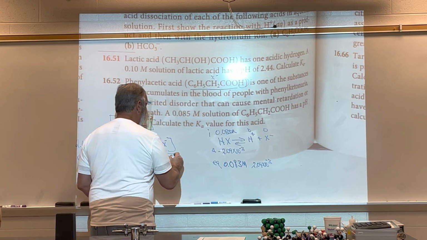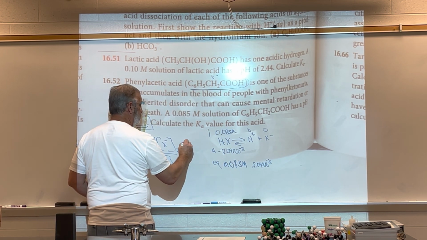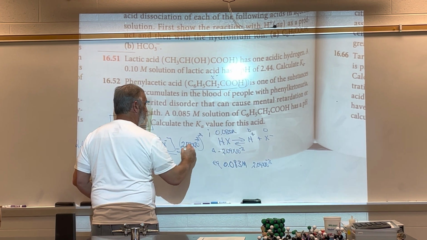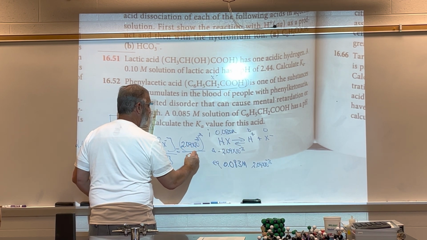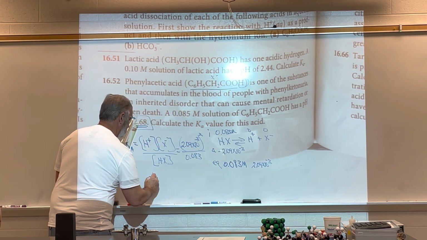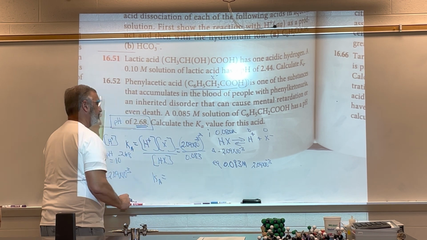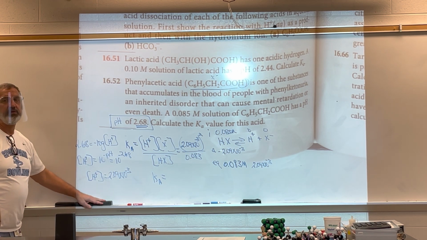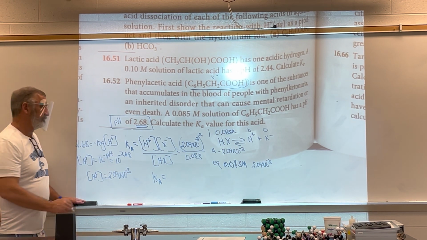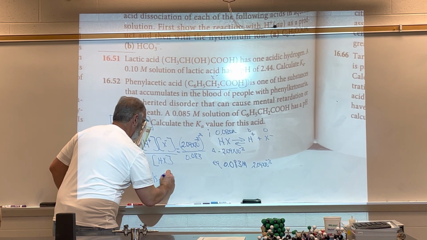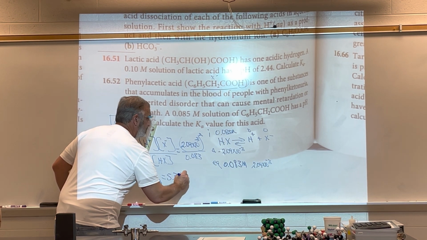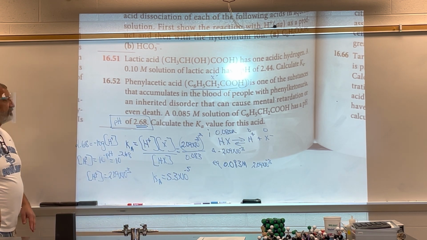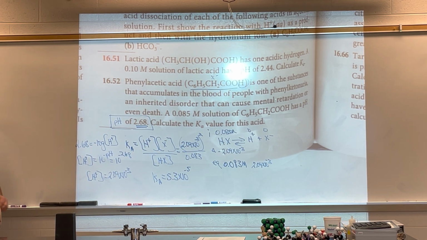So now my Ka is going to be 2.09 times 10 to the minus third squared divided by 0.083. Ten to the what? Okay.